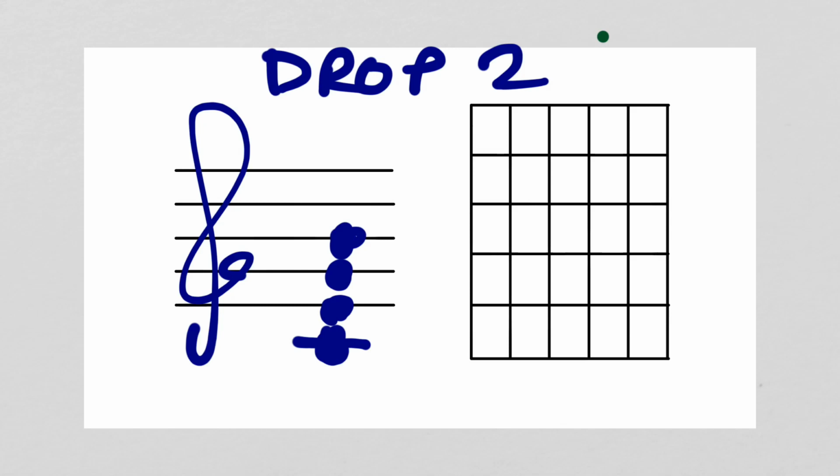What I'm going to do right now is I'm going to do some inversions on this chord, and then I'm going to show you a particular drop 2 voicing that is very easy to play on guitar. So first of all, I'm going to do the first inversion. What we would have to do is we erase that C. I'm going to put that C on right there.